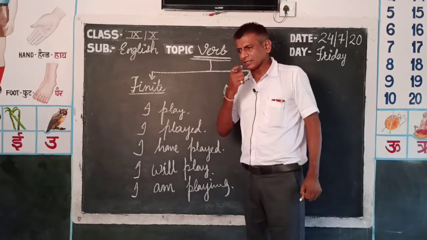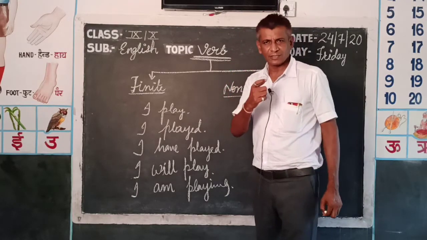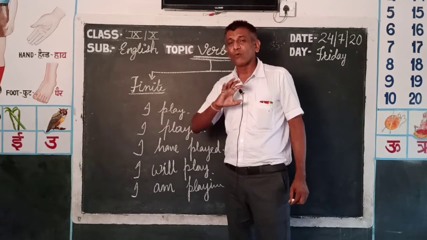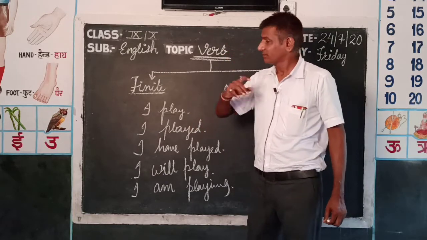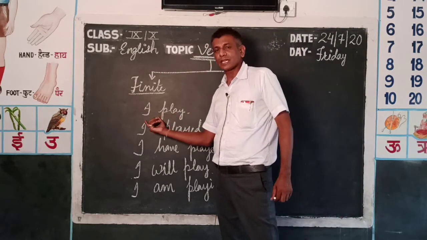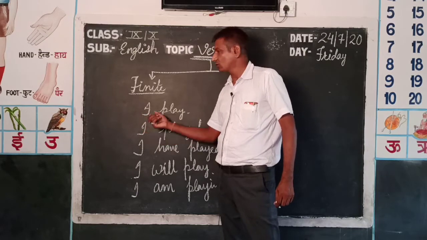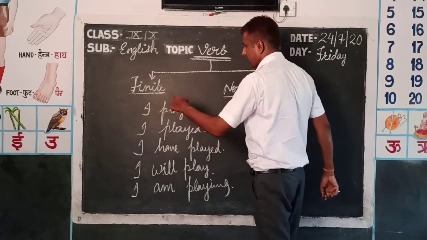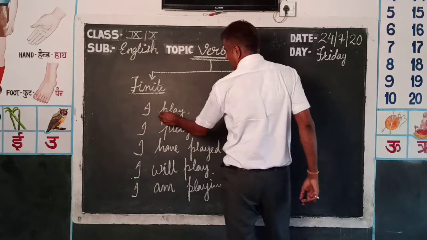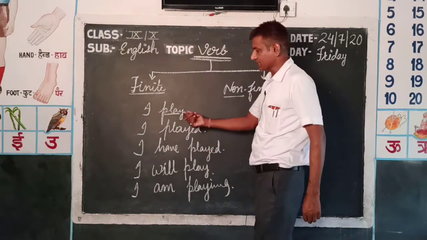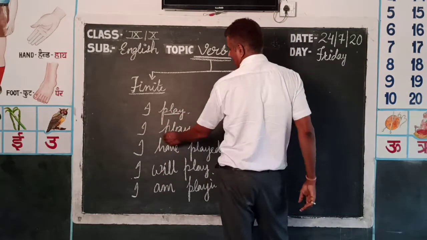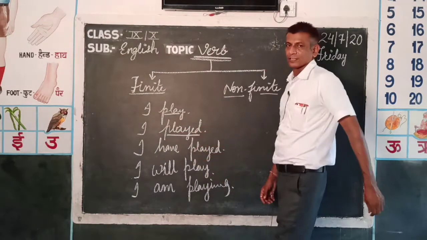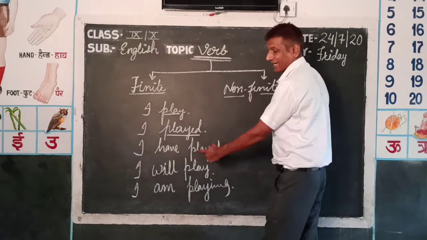The single line definition: the verb which is used with the subject of the sentence is called finite. So here, in I play, play is the finite verb. I played, finite verb. I have played.